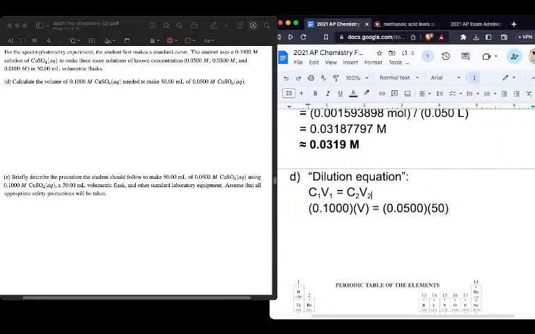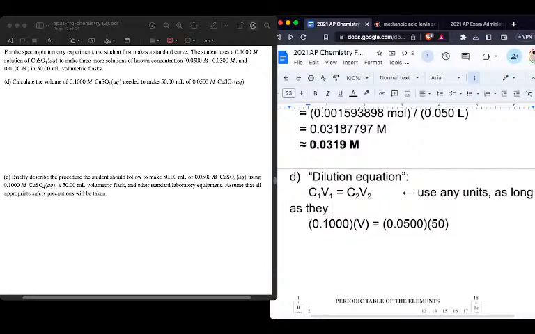Now, the thing about this equation is that you don't need liters, but the units have to match. Use any units as long as they match on both sides. So you can use liters here, but I'm going to use milliliters and totally get away with it.